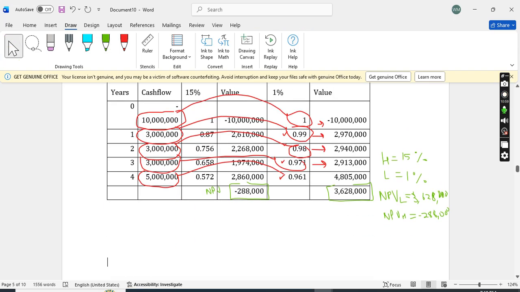The internal rate of return, IRR, is going to be L plus NPV. I think this formula is even given to you in the exam, so I don't think you need to remember it.